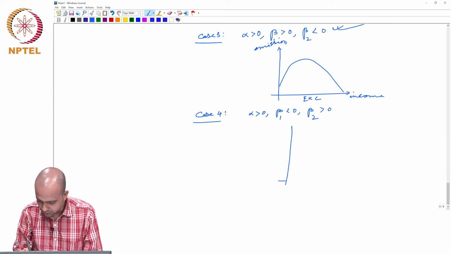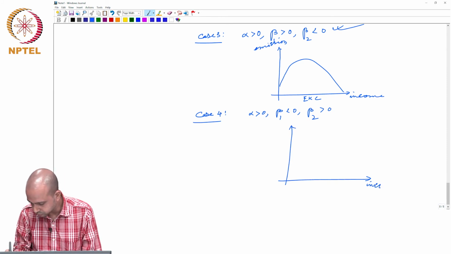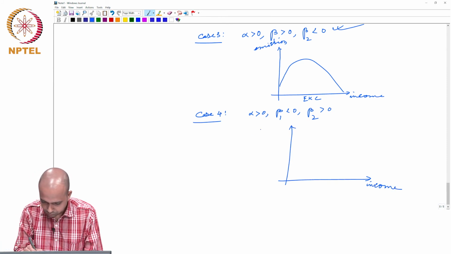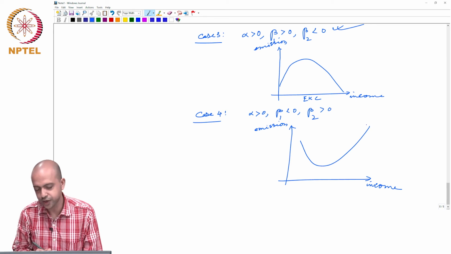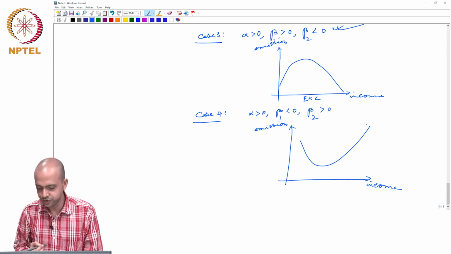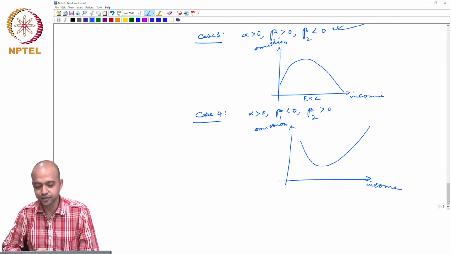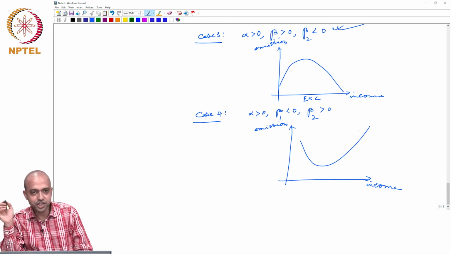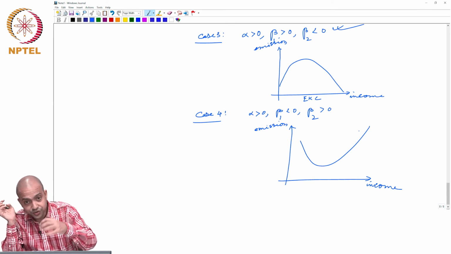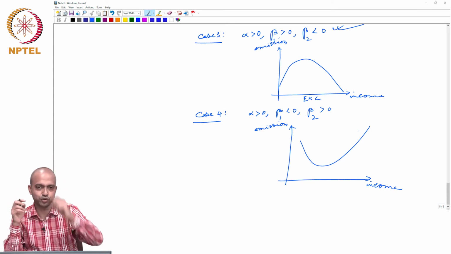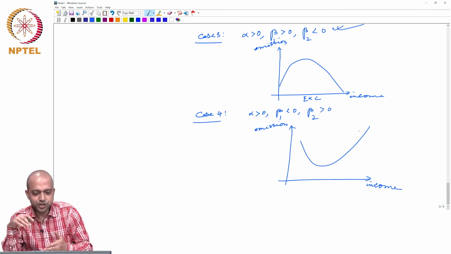We will get this type of relationship, a U-shape relationship, because beta 1 is less than 0, but beta 2 is greater than 0. So, that means as income increases, pollution per capita starts falling initially and then it goes up. So, after estimation we may get even this concept also.